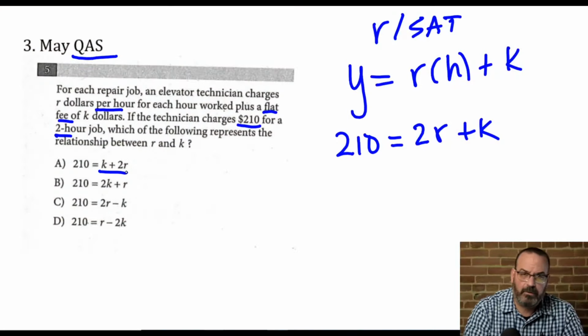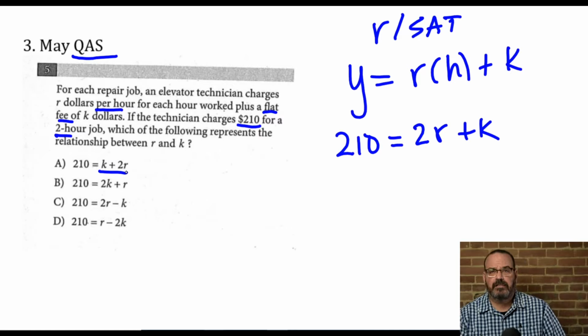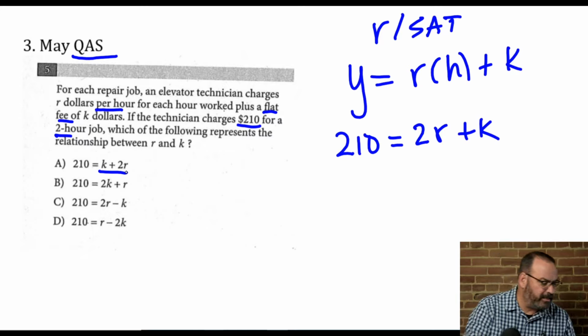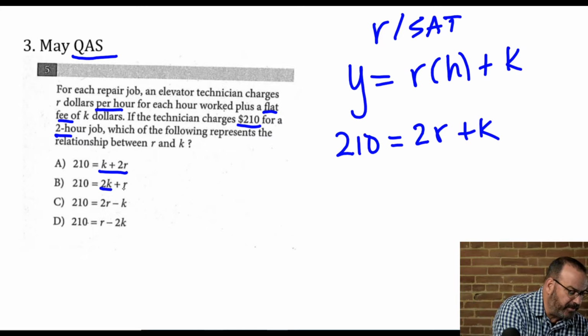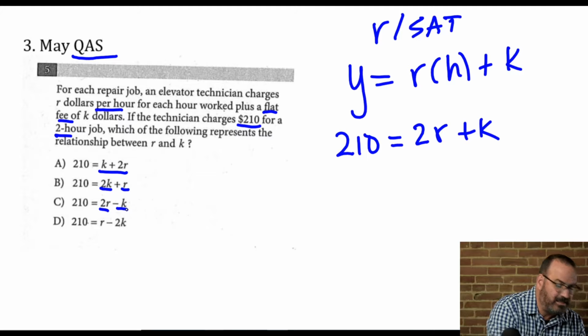Try to figure out the equation before you look at the answer choices. But if you get stuck, use the answer choices. So what are we looking for? 2r plus k, which they wrote backwards. So my big tip for tonight, look for them writing a linear function backwards on Saturday. This is 2 times the flat rate plus the slope. This is 2 times the slope minus the flat rate.